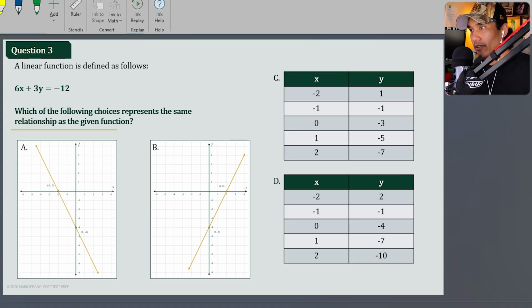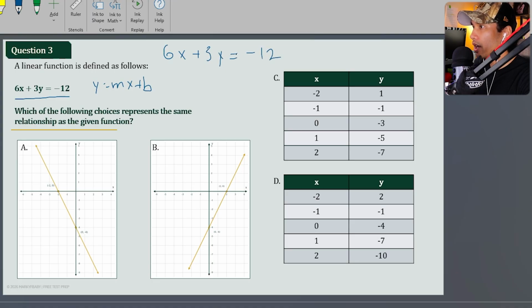Okay, for this question, for this function, I'm going to change it to y equals mx plus b. And to do that, we start with 6x plus 3y equaling -12, okay? I'm going to minus 6x, minus 6x.